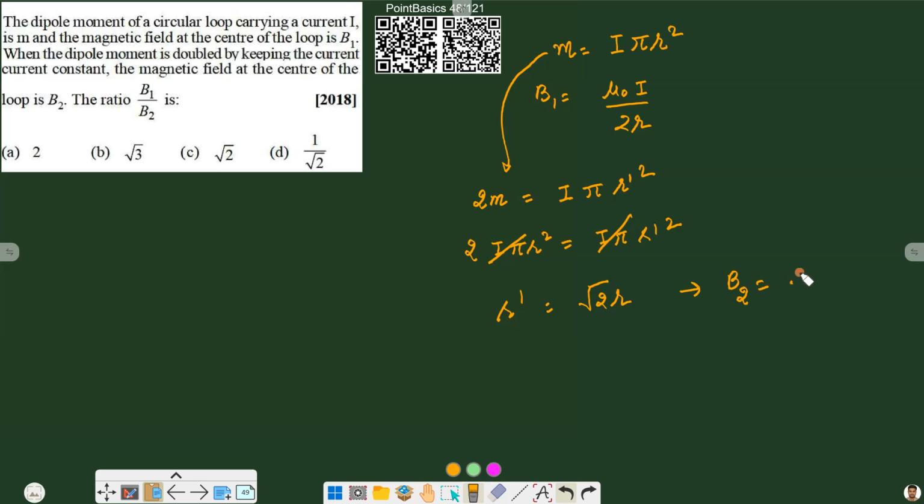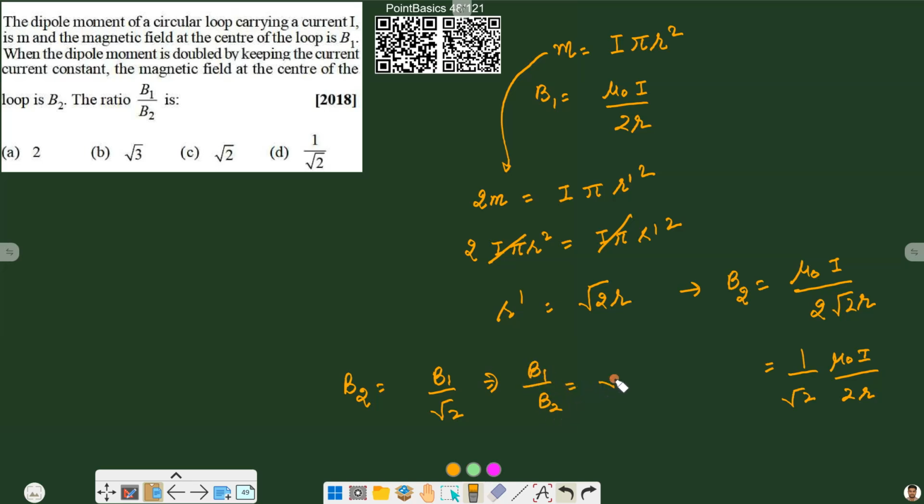So B2 will be mu node I by twice the new radius, and that is root 2 times R. We can take 1 by root 2 out, mu node I by 2R, and that is equal to the original field. So B2 is equal to B1 by root 2, and from this B1 by B2 is equal to root 2. Option C will be the right answer here.